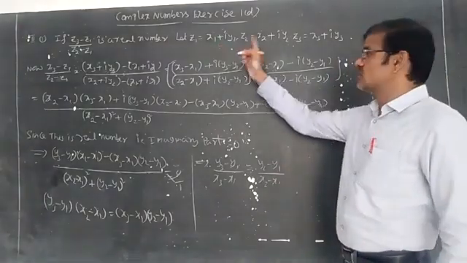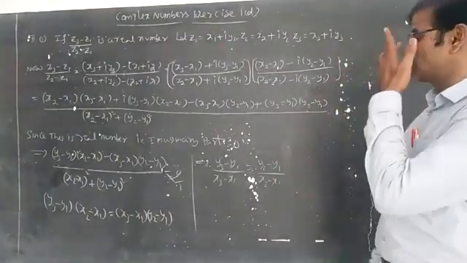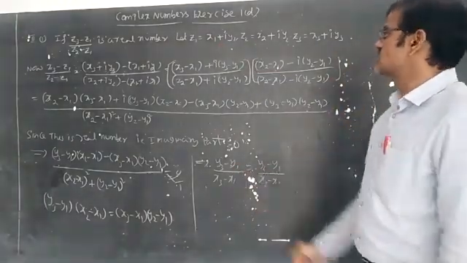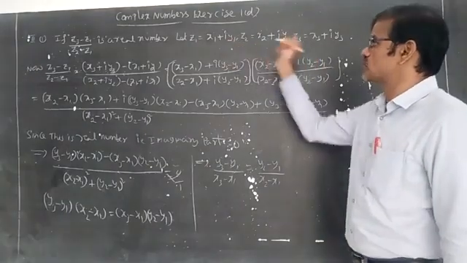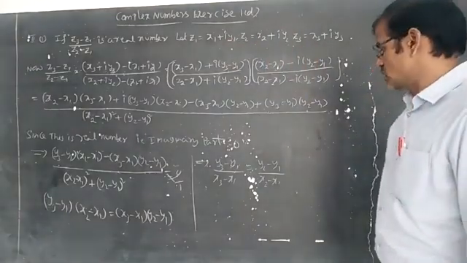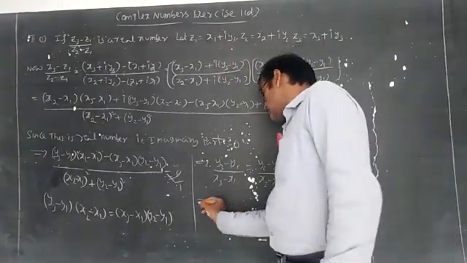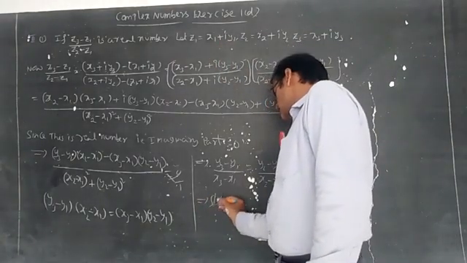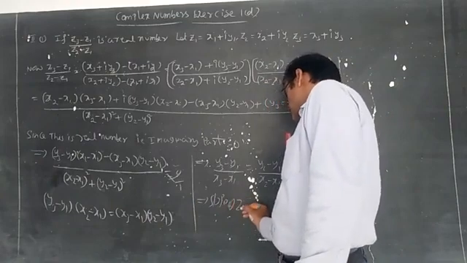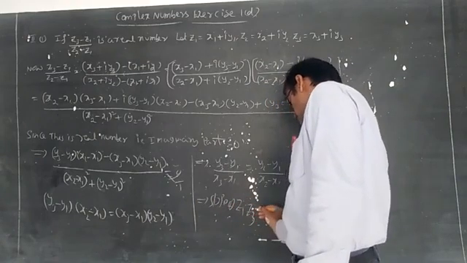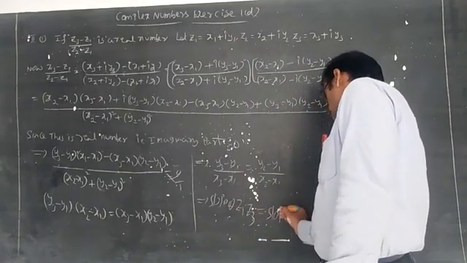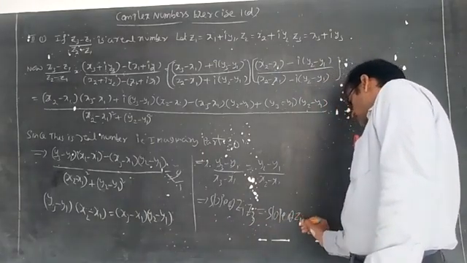You need to understand, this is the slope of Z1, Z3 and this is the slope of Z1, Z2. That implies the slope of Z1, Z3 is equal to the slope of Z1, Z2.